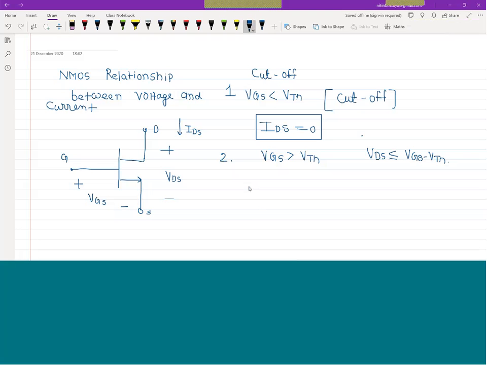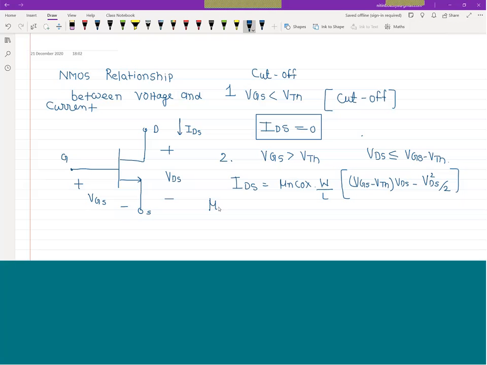In this case, the current in the circuit is mu n into COX, where COX is the oxide capacitance, times VGS minus VTH times VDS minus VDS square divided by 2. This is the idea.